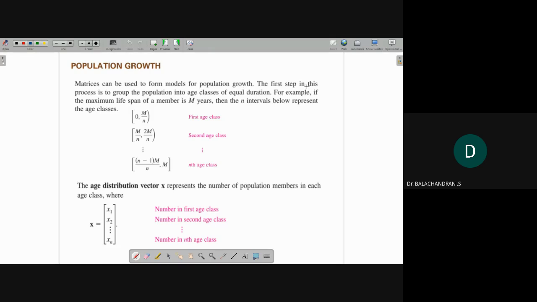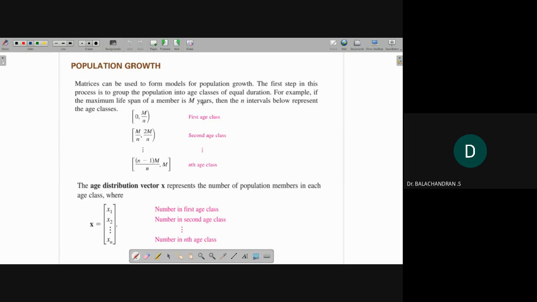The first step in this process is to group the population into age classes of equal duration. For example, if the maximum lifespan for a member is m years, then the n intervals below represent the age classes. So the maximum age is m years.